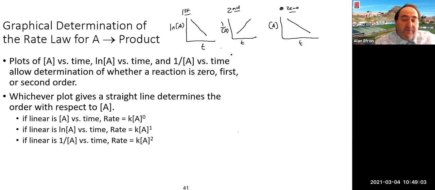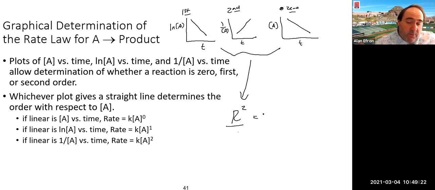Let's say you did all 3 graphs and you're trying to determine which one is most linear. This is where we could use something like Excel, where we use that R squared value. That R squared value is that linear coefficient. The closer to 1 means that is most linear.